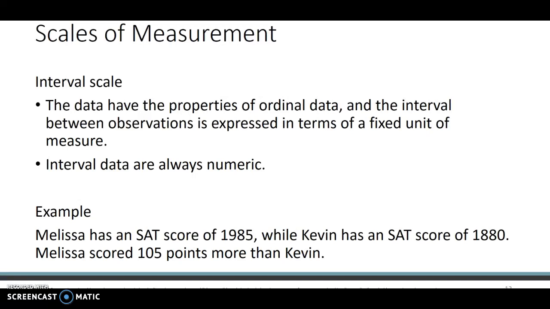Kevin has an 1880 score. Melissa has a 1985. Melissa scored 105 points more than Kevin, and we can put meaning to that 105 points. Another example of interval scale data would be temperatures, degrees Fahrenheit.